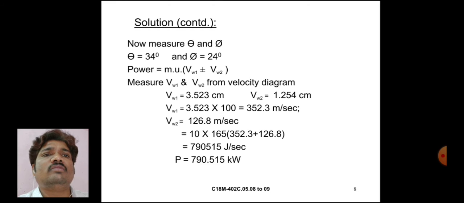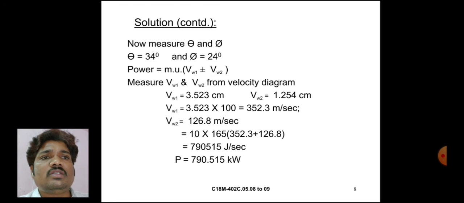Measure Vw1 and Vw2 from the velocity diagram. Vw1 value is 3.523 centimeters. Vw2 is 1.254 centimeters. Vw1 is equal to 3.523 into 100, which is 352.3 meters per second. Vw2, the steam outlet whirl velocity, is 126.8 meters per second.